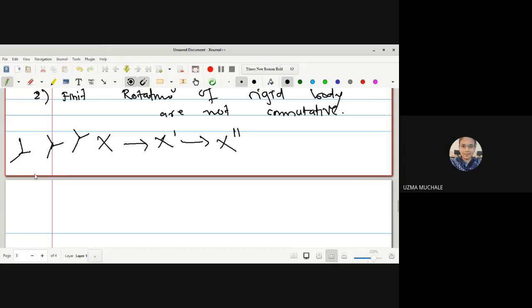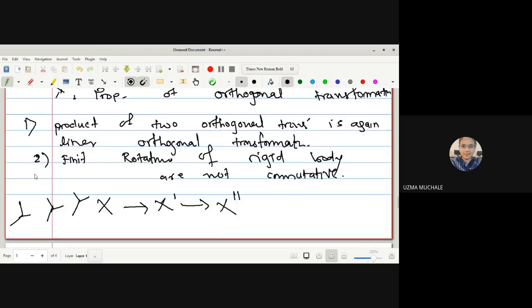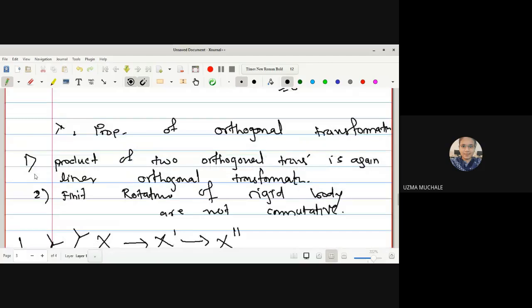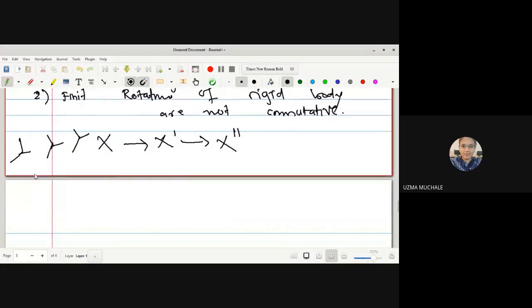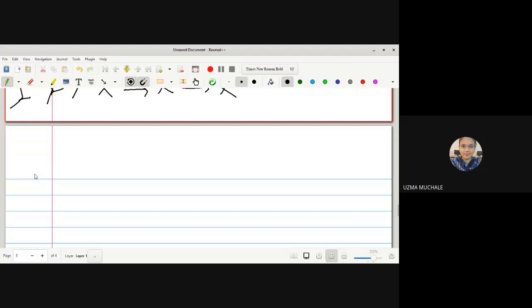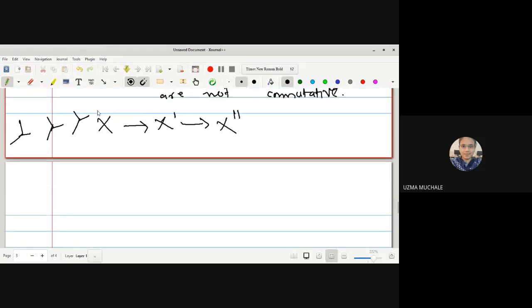What is our aim to show? The product of two orthogonal transformations is again a linear orthogonal transformation, and after that we have to show that finite rotations of the rigid body are not commuting. For that we have the two transformations. We have to show that the product of two orthogonal transformations is again an orthogonal transformation.